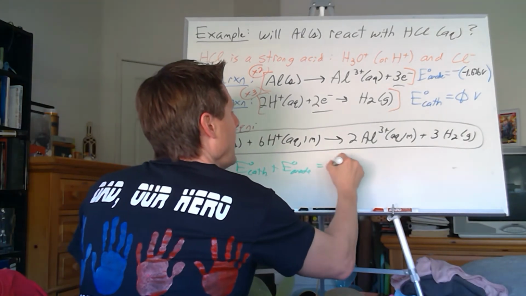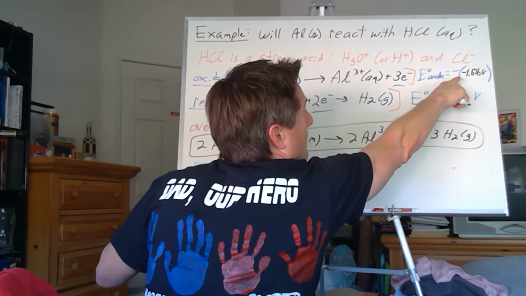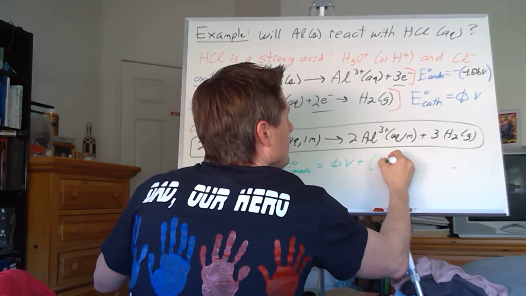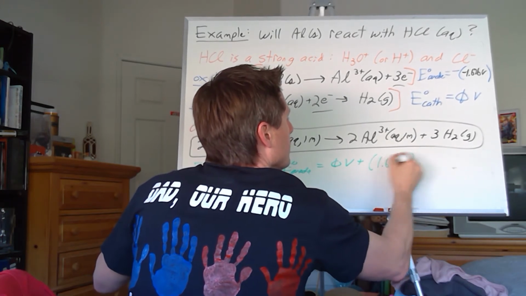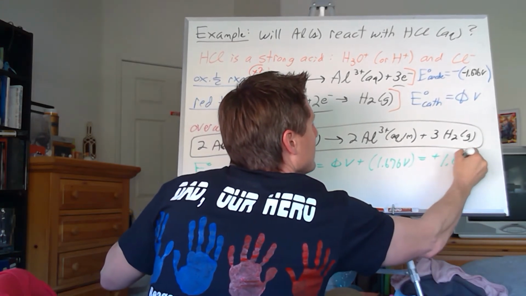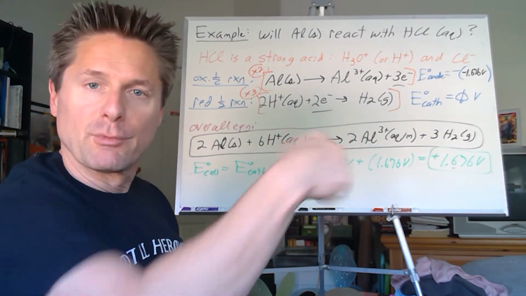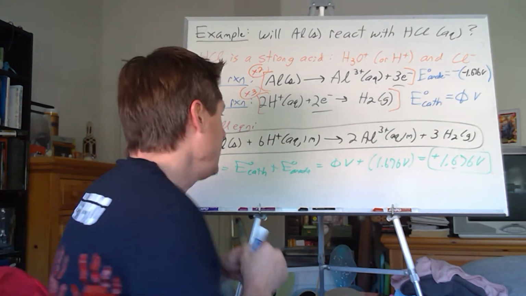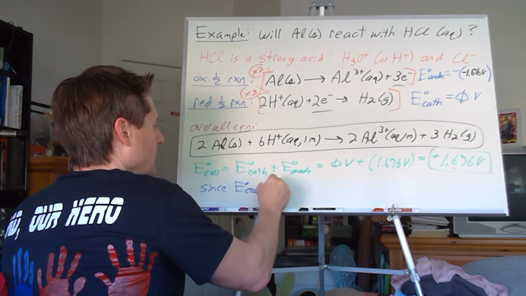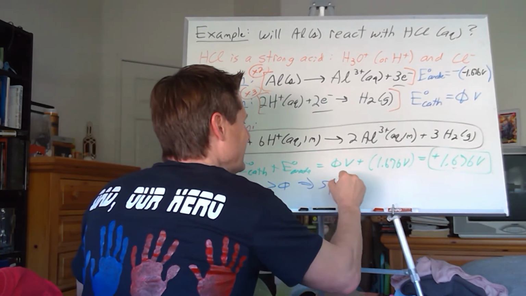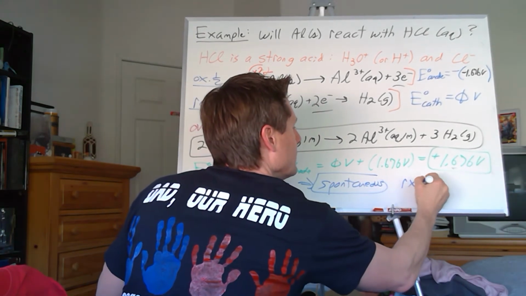All right, well, we know the cathode is 0 volts, plus this is going to be positive 1.676 volts. It's just the reverse of the reduction half potential. Since that's greater than 0, this is spontaneous, and the reaction occurs.